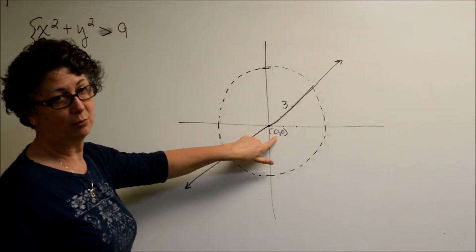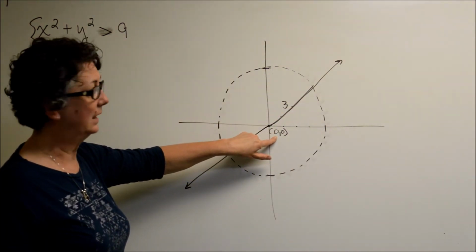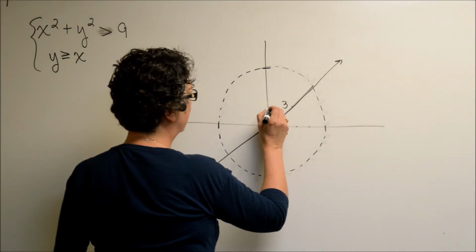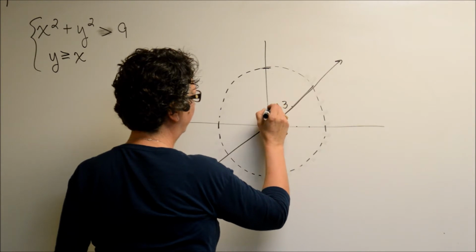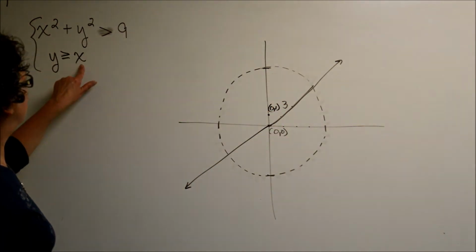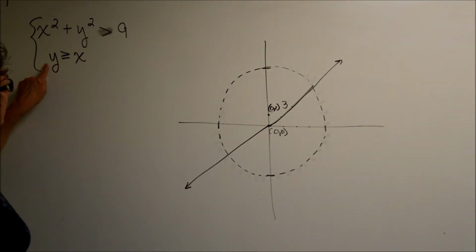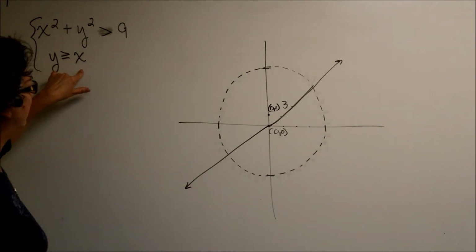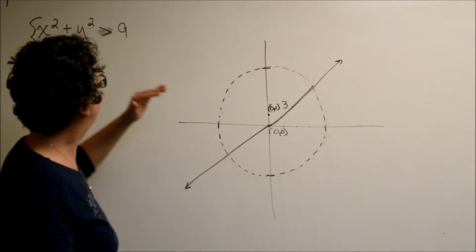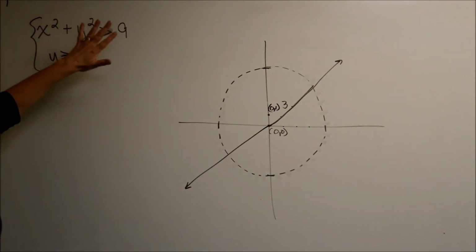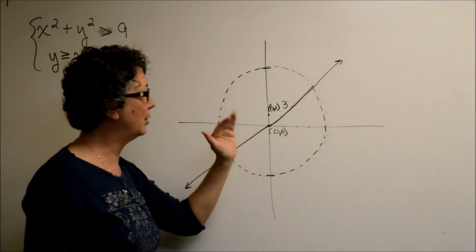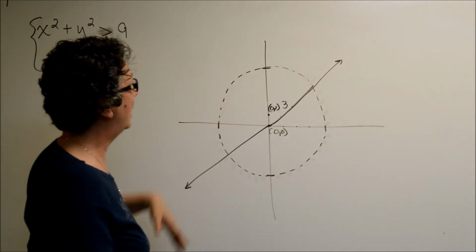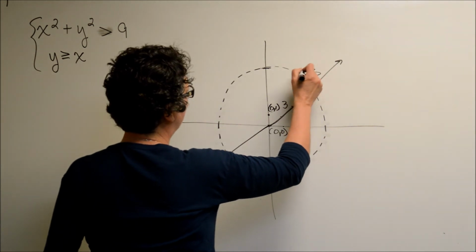My 0, 0 doesn't work right there because it's on the line. But if I said this point here, this is 0, 1. If x is 0 and y is 1, that point makes this inequality true because 1 is greater than or equal to x. So the points that make this system true are the points that are outside the circle and above the line. So that's all of this right here.